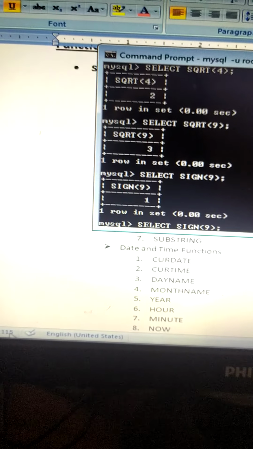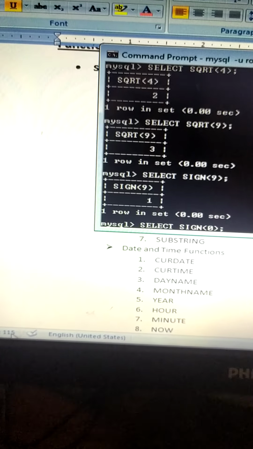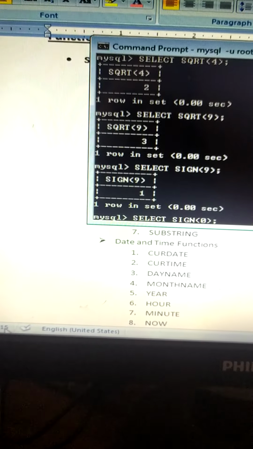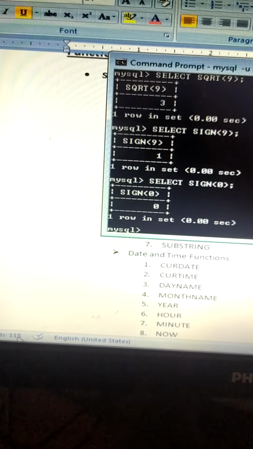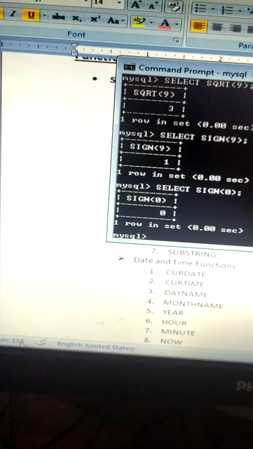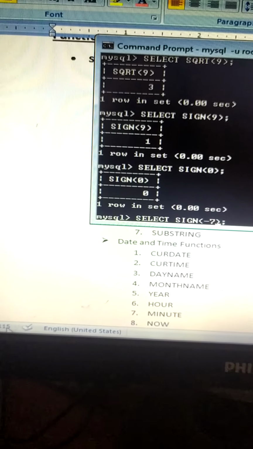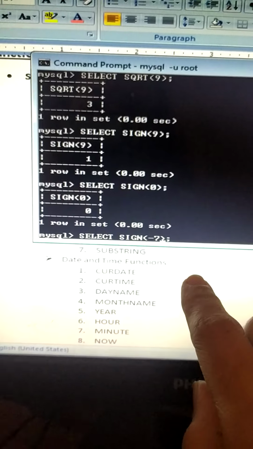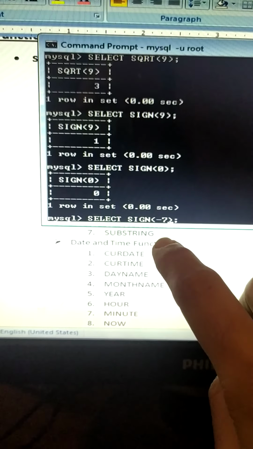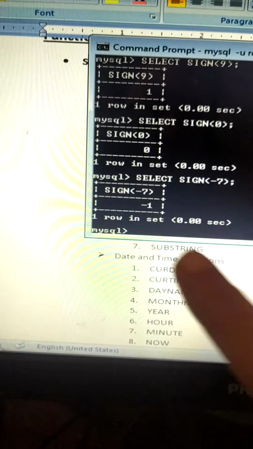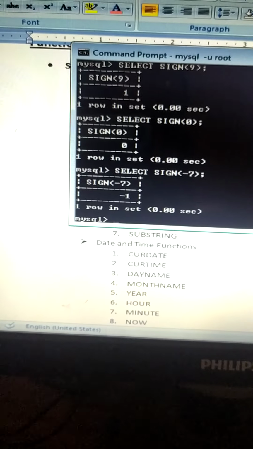Now, if you give the number 0, it will return 0 because 0 has no sign. 0 is neither negative nor positive. If we give suppose -7, the answer will be -1. Its sign is -1. See, the answer is -1.